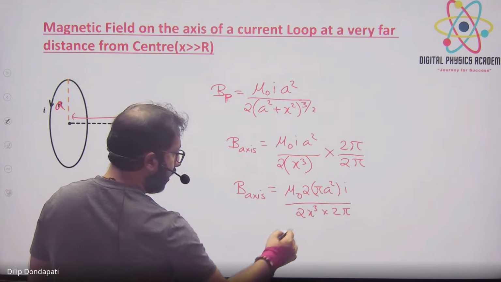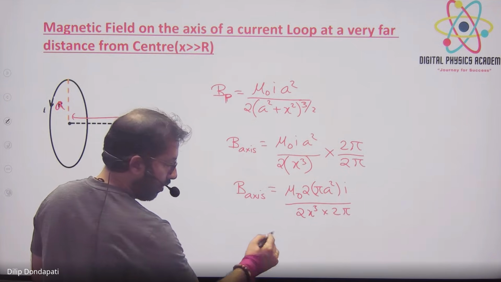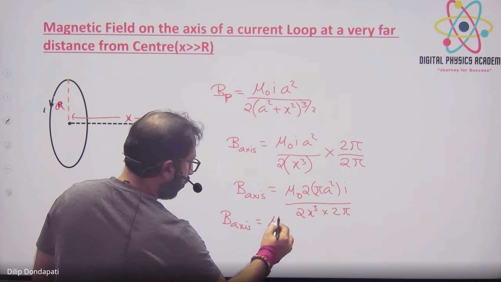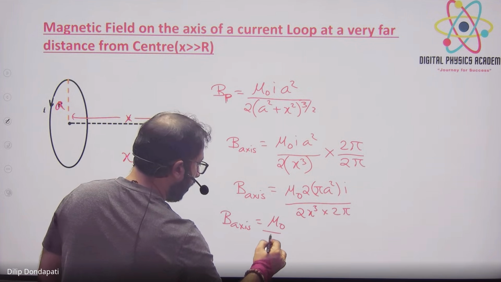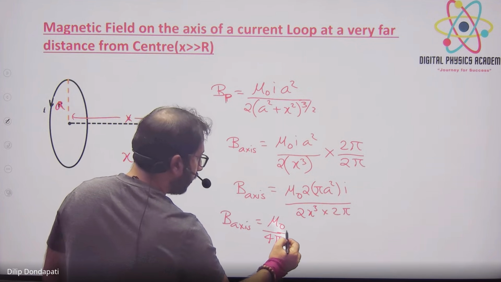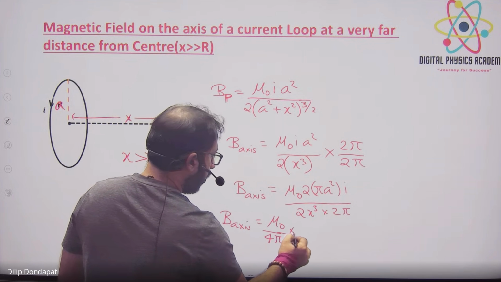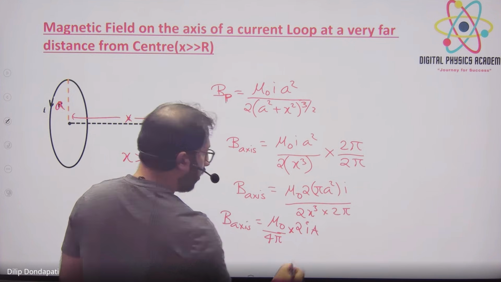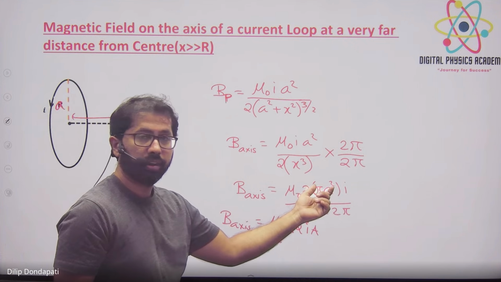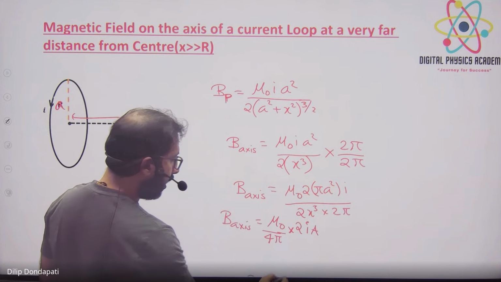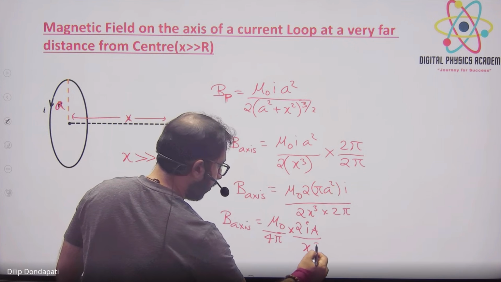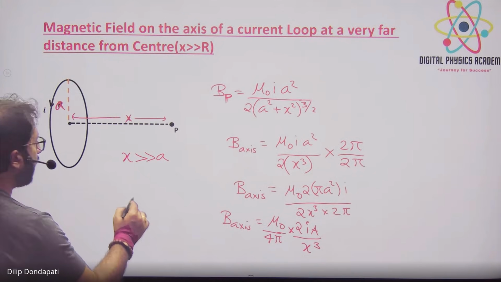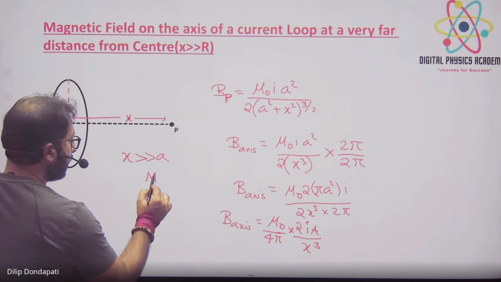So 4 pi x cube is right. Now do it. So B at axis is equal to mu naught by 4 pi into 2 times I a, I into area of the circular coil, by x cube. Right? 2IA by x cube. There is a magnetic moment, which we represent as m.